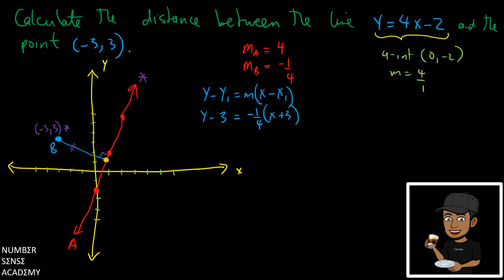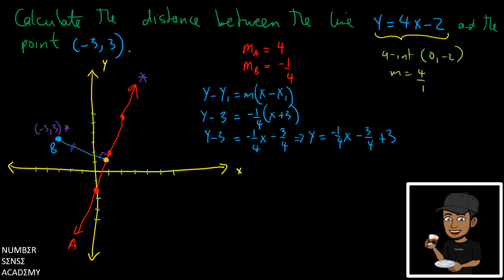All right, so what do we have? Now we have y minus 3 equals -1/4 x minus 3/4, and this continues to be y is equal to -1/4 x minus 3/4 plus 3.